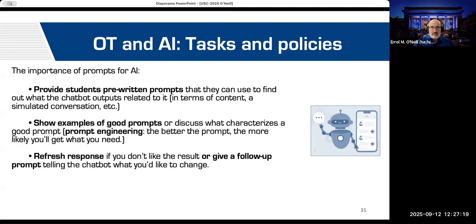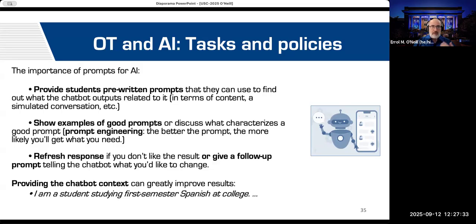You can refresh responses. If you don't like what comes out of the chatbot initially, you can refresh it and it will generate a new answer. Providing context to the chatbot in particular can be helpful. So for example, the student saying that they're studying first semester Spanish at college can help with making sure that the output is level appropriate.